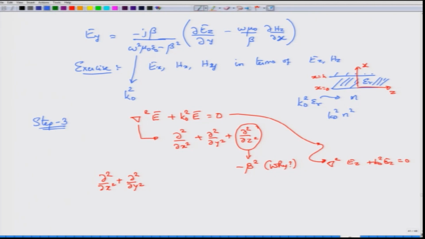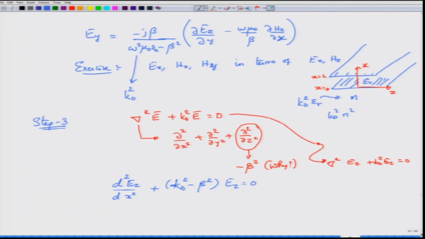So, the parallel plate waveguide extends to infinity along the y axis, and all of those del by del y terms can be made equal to 0, that is, the modes are not changing as a function of y. The only variation is as a function of x, so there is no need to write a partial derivative; you will simply have a total derivative. So, you have d square Ez by dx square plus k0 square minus beta square times Ez equals 0.